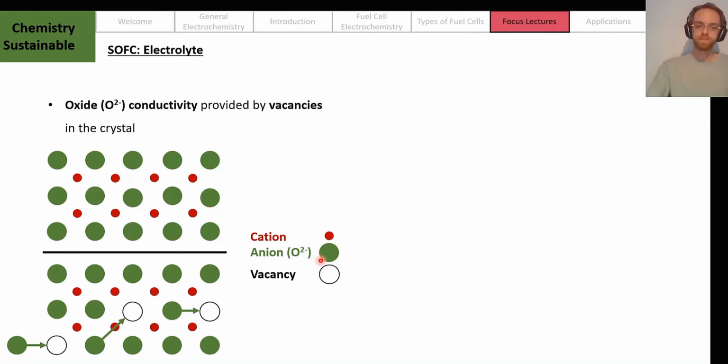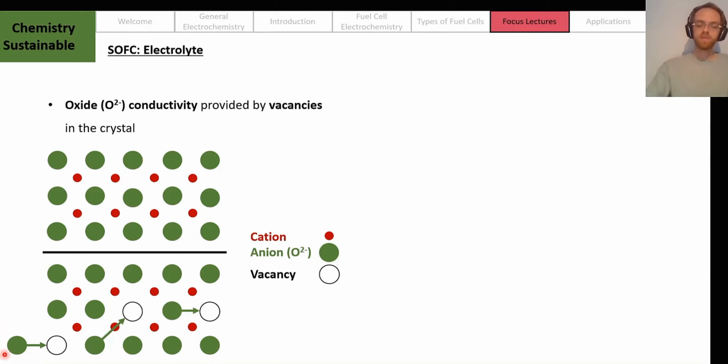So how does a crystal structure like this suddenly exhibit a certain ion conductivity? And this is ensured by so-called vacancies. A vacancy is basically a missing spot of an anion, and I just suggested that here, for example, we have 3 vacancies in our crystal lattice. What will happen if we offer this crystal lattice an extra anion, which, for example, forms as a product on one side of your fuel cell?